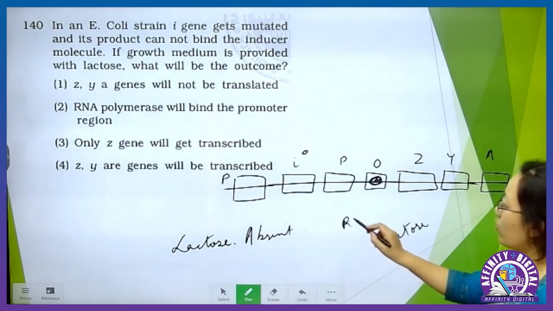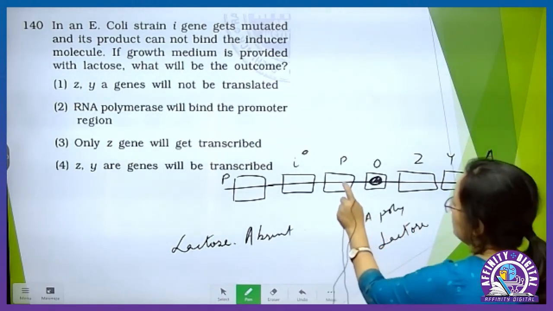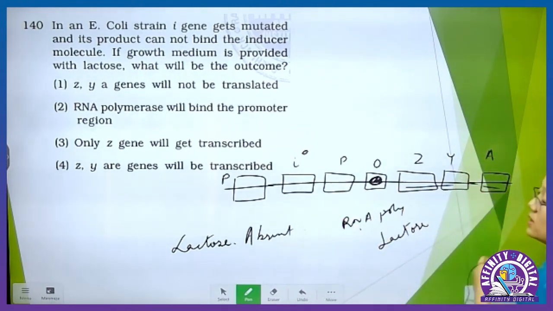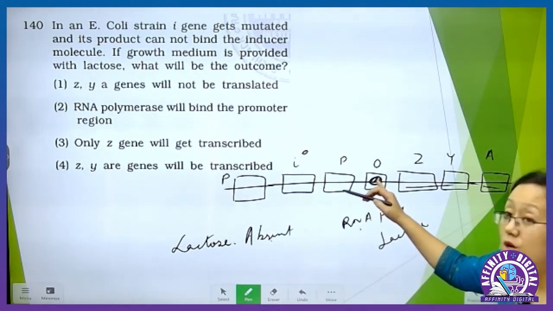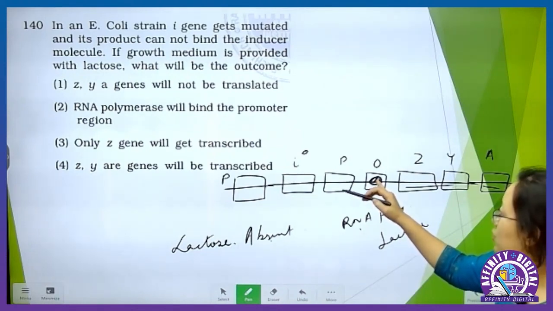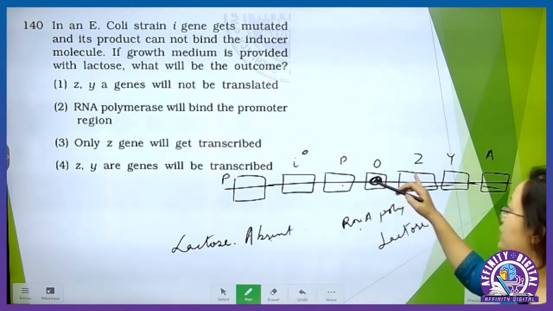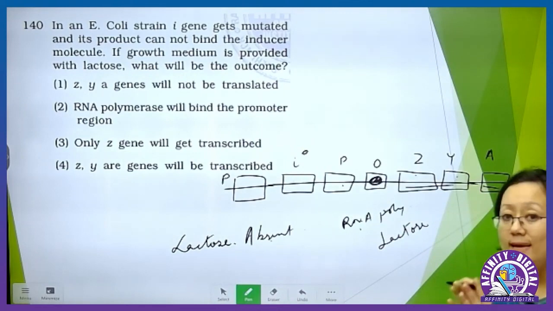So RNA polymerase cannot bind to the promoter, and so transcription of the structural gene does not occur. That is when lactose is absent.